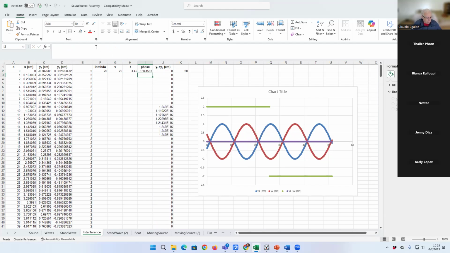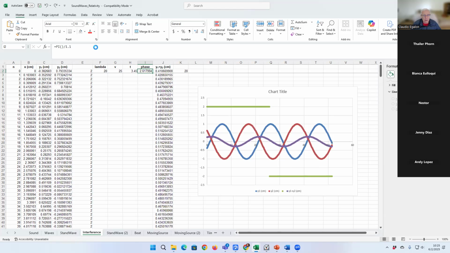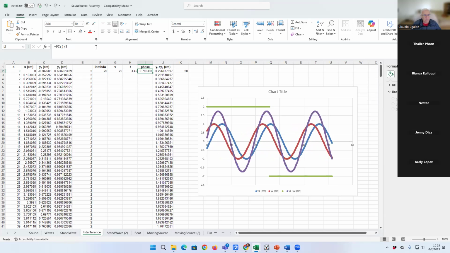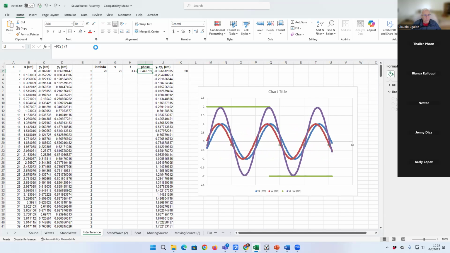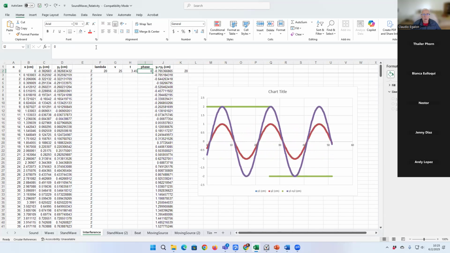Okay, and now we are going to revert the time. Okay, here we go. And start from phase difference equal to 0. Okay, so here you go. Full constructive interference, and on the other way, at the very end, full destructive interference, right?